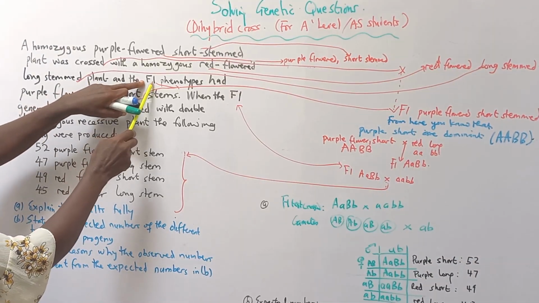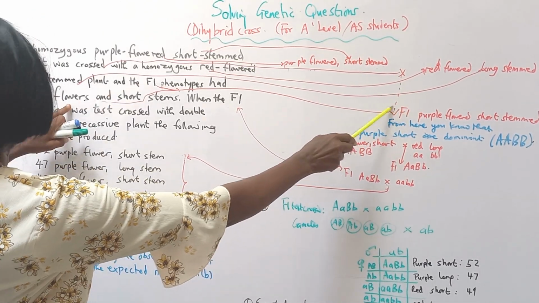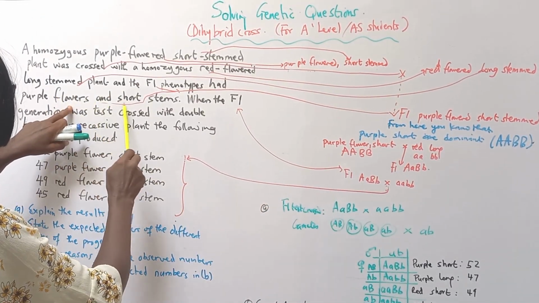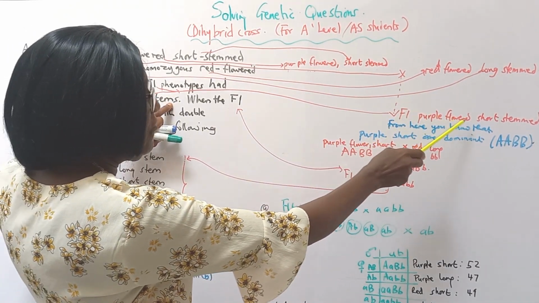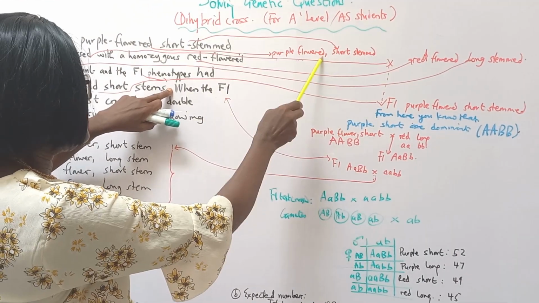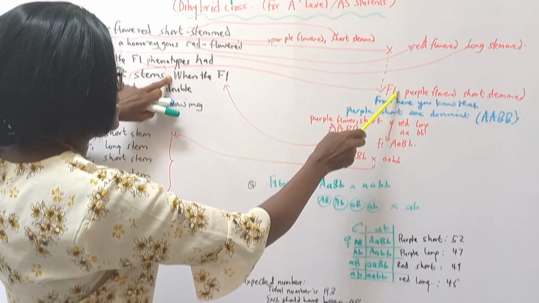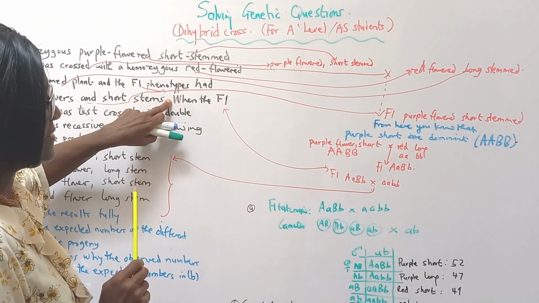The F1 phenotypes, so we write our F1 here, had purple flowers short stems. You see, so the F1 purple flowered short stem.